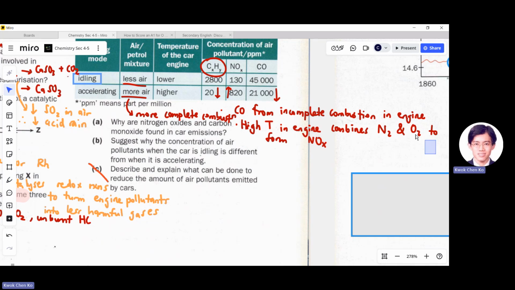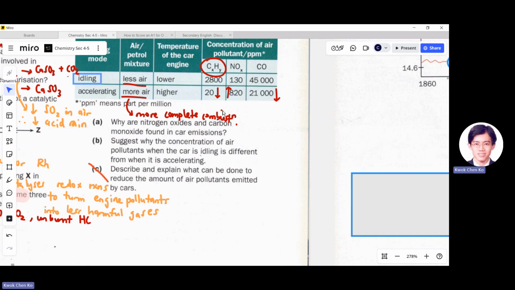Now, likewise, look at the temperature. Temperature is actually an important factor in this question. Hopefully you notice the temperature here is higher during acceleration.